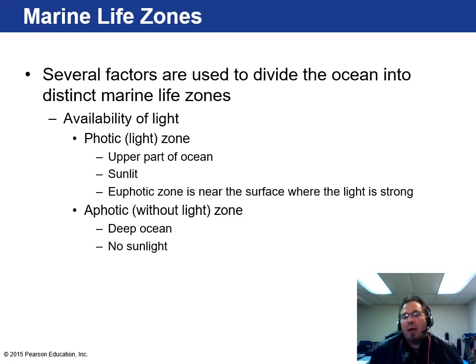Most animals do, not all, but most do. It's the upper part of the ocean. It's sunlit, and then you have the euphotic zone, which is where the light is really strong. Think of that as like a shallow coral reef, right? I was in Key West last year, and the reef is about 15 feet down, if that, or 10 feet down. It's right there at your feet, pretty much. So they get sunlight all day, every day.